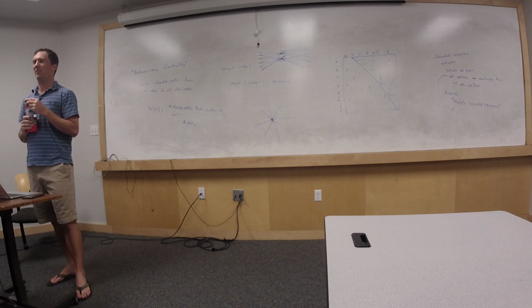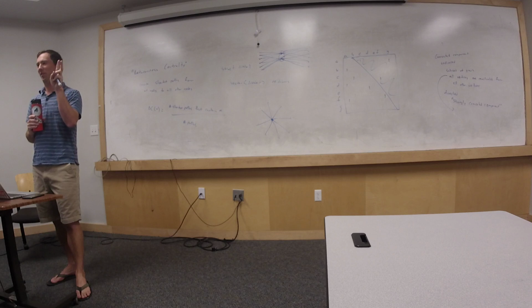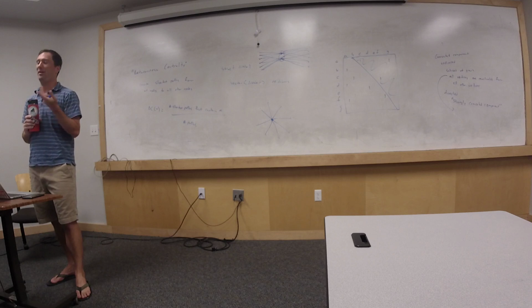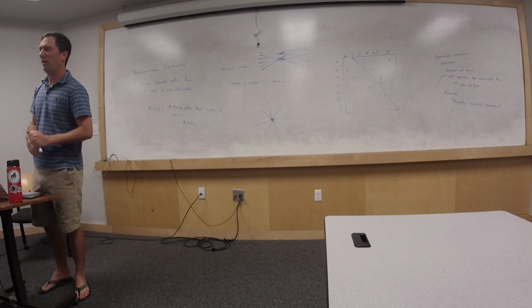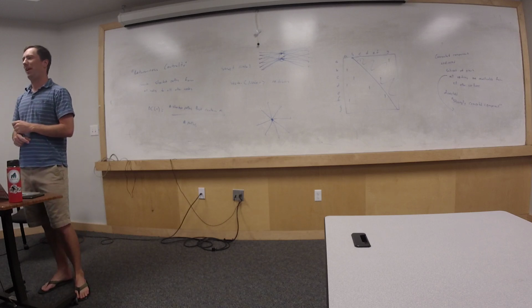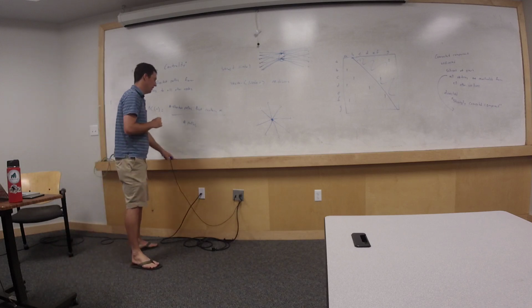PageRank is the Google algorithm. If you Google the Google paper, the paper is PageRank. And it is a way they came up with for analyzing the graph of the internet.